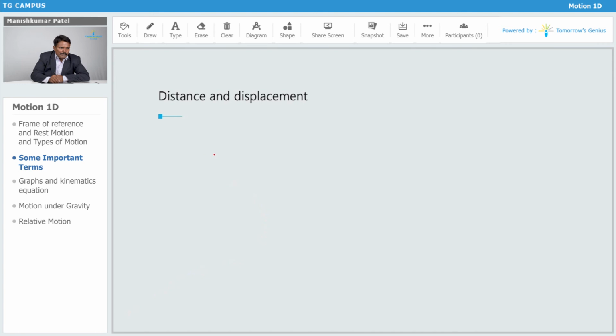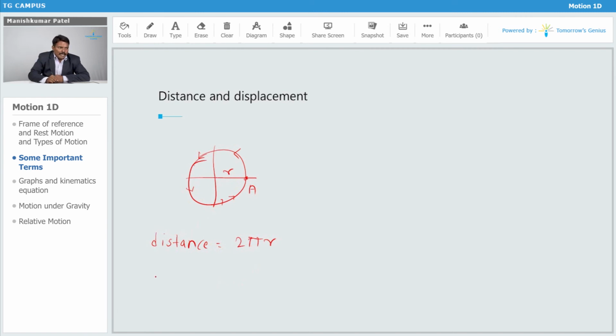One more example that we can consider. Let's say this is a circle on which I'm standing at point A. Now I'm moving along the circumference of the circle, and the radius of the circle is R. If I leave from A and again reach point A, the distance traveled here is nothing but 2 pi r, which is the circumference of the entire circle.